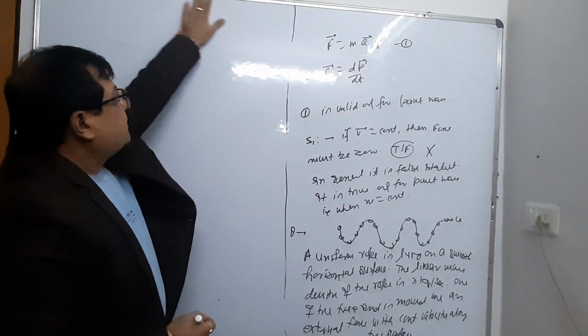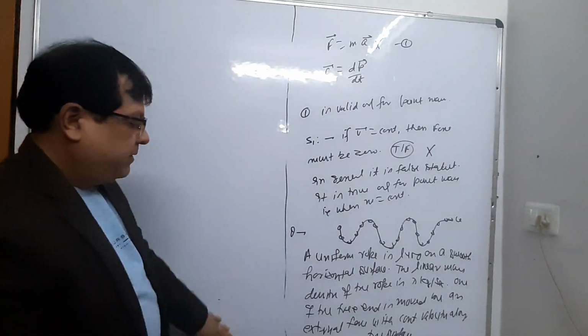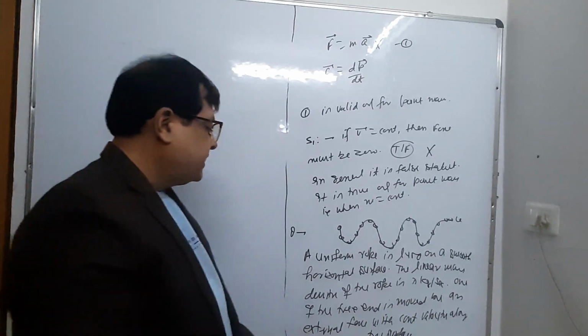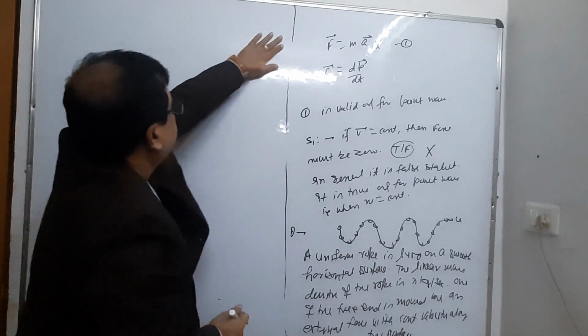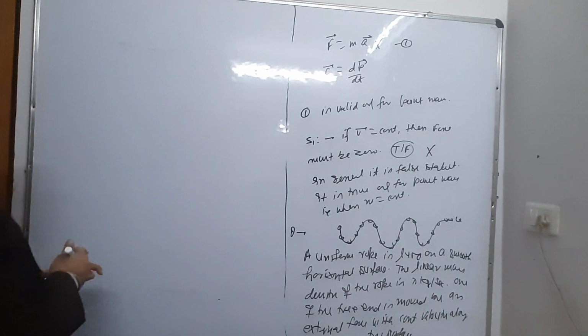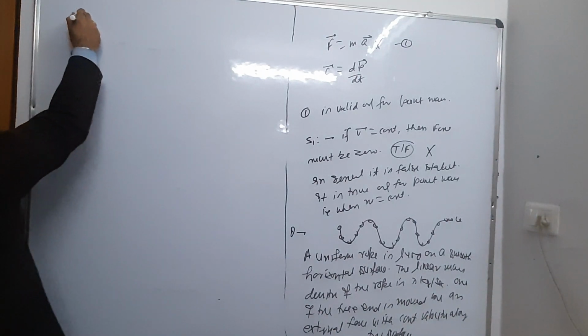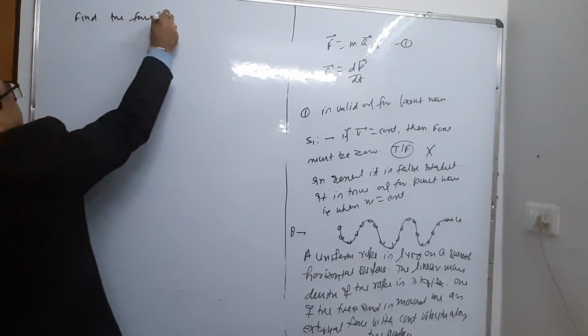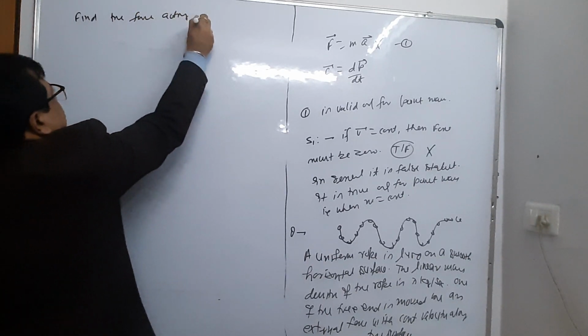So let me complete. The question is: an external force with constant velocity acting on the surface. Find the force acting on it.